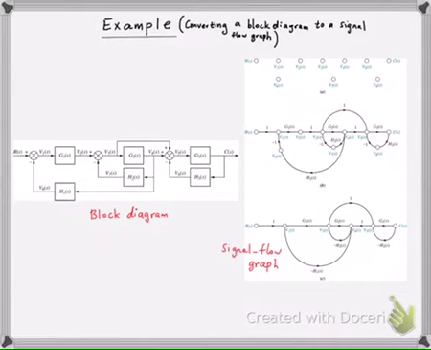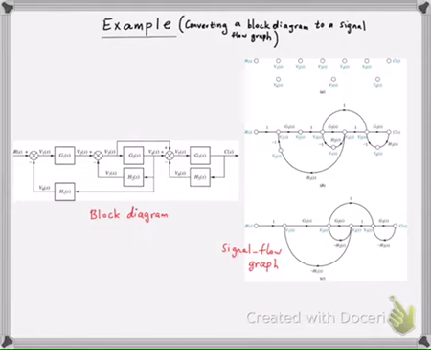So really there are 6 systems. If you're going to solve a problem like this, for every input and every output of every system, you have to define a signal, and those signals will be represented as a node in signal flow graphs.